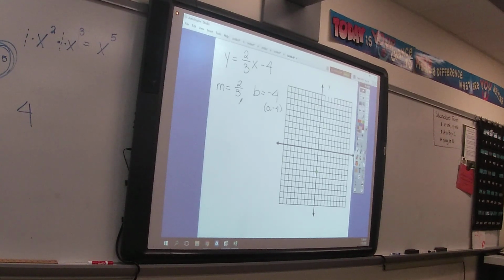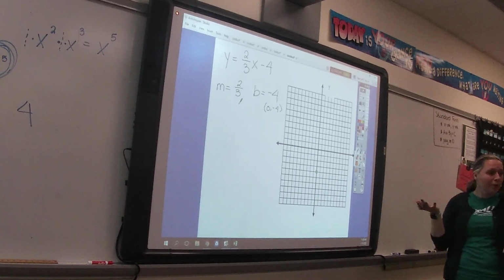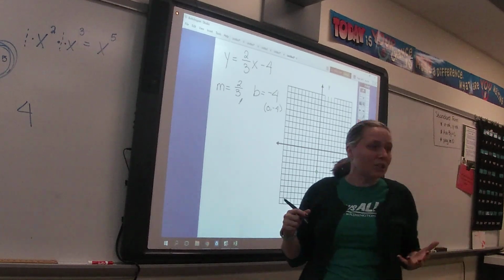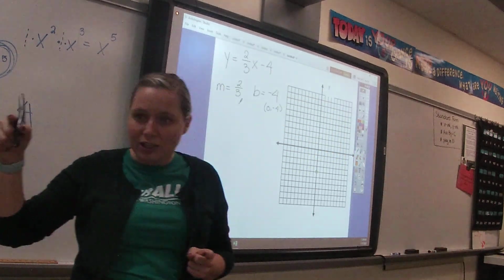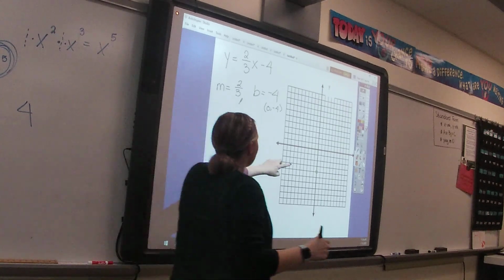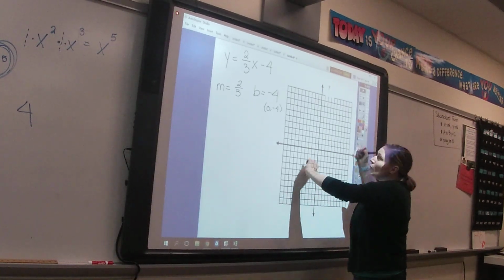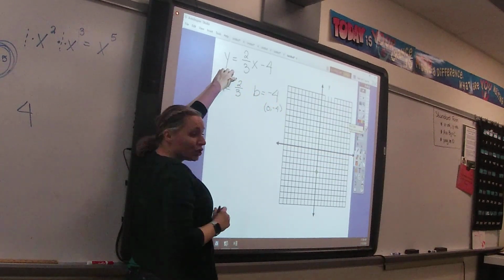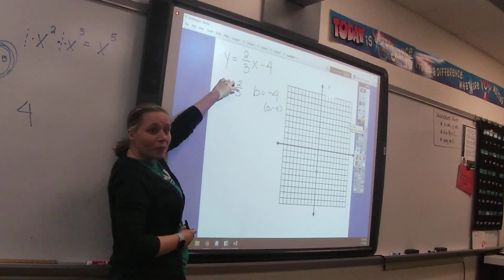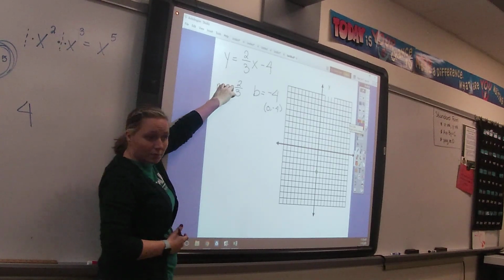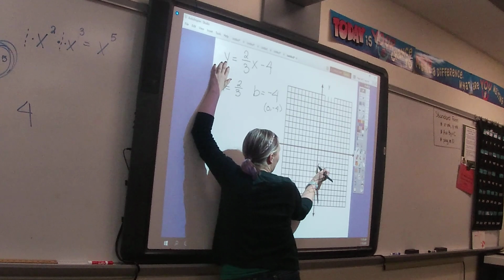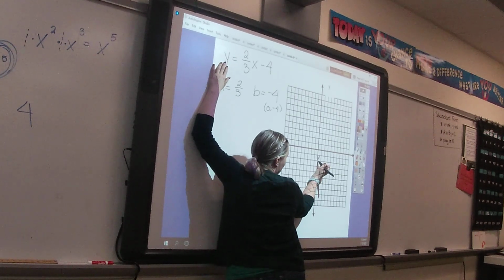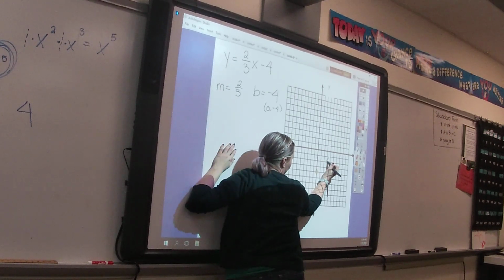So now we're still riding the elevator and going to our hotel room. It's just that we have the directions instead of the location. So from this point, we want to rise 2 and run 3. So from this point, I'm going to go up 2 over 3.